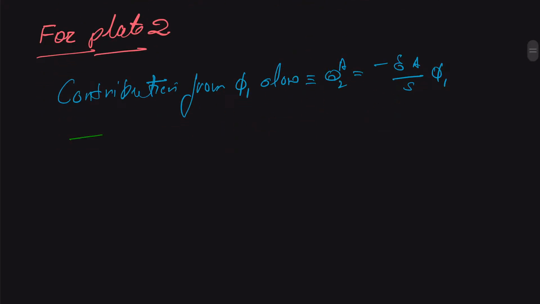Then it is the contribution from phi 2 alone, that is Q2B, and it is epsilon naught A, 1 upon S plus 1 upon T, times phi 2.